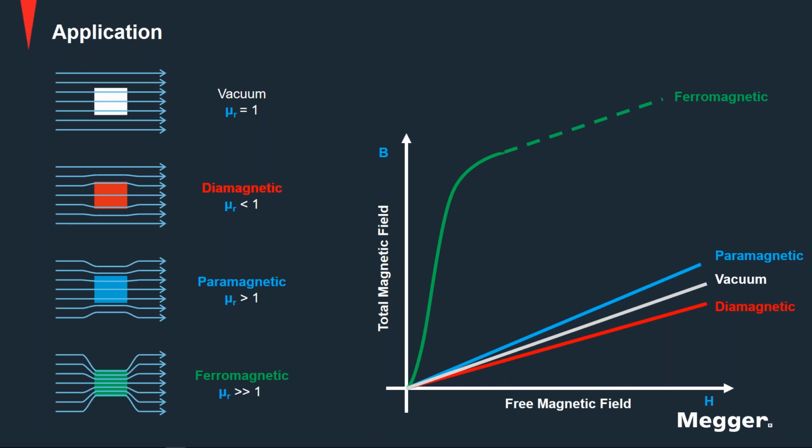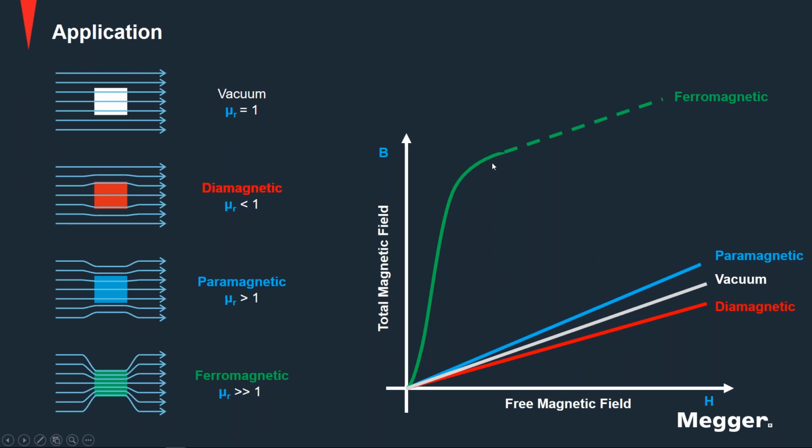Ferromagnetic material has a relative permeability much, much greater than 1. And I wanted to note that on this graph here, the relative permeability of the ferromagnetic material would result in a much steeper line. But for illustrative purposes here, it should just be noted that the relative permeability of ferromagnetic material is much, much greater than that of paramagnetic, vacuum, or diamagnetic material.